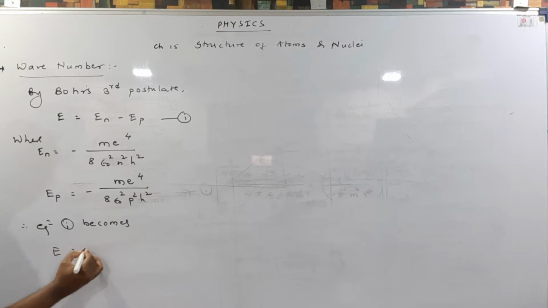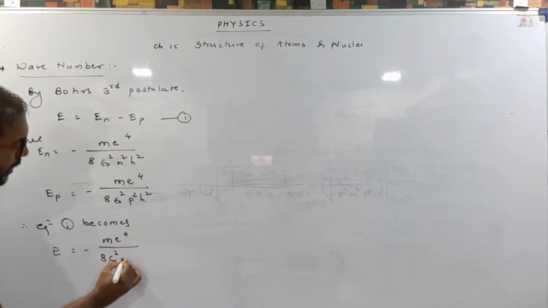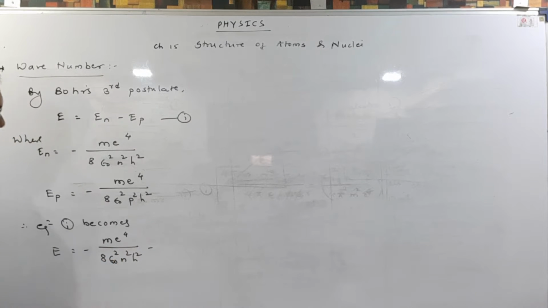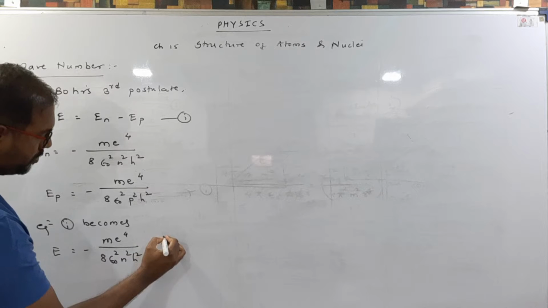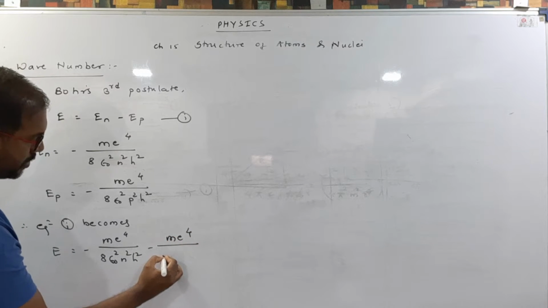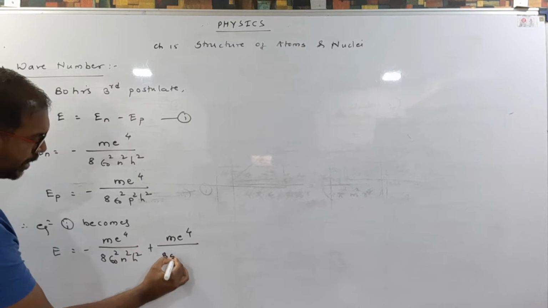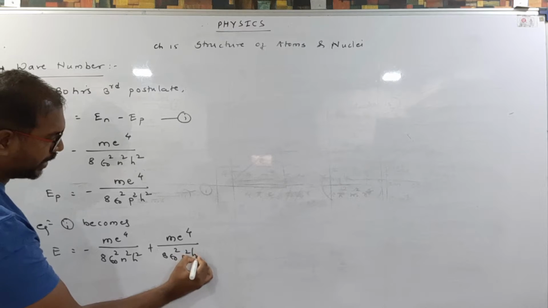E is equal to minus me raised to 4 divided by 8 epsilon 0 square n square h square minus this me raised to 4 divided by, so minus and this minus, so here plus 8 epsilon 0 square p square h square.